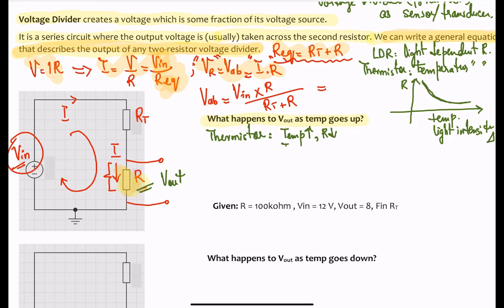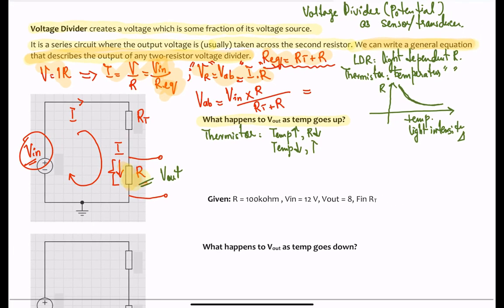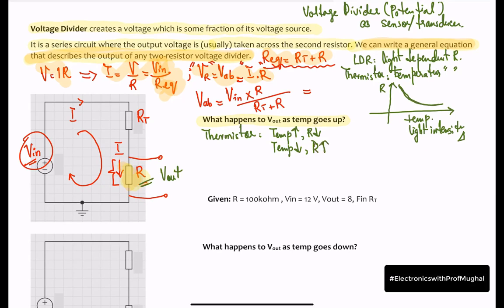When the temperature goes down, the resistance of the thermistor goes up.